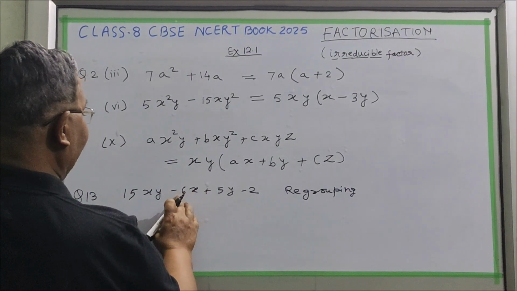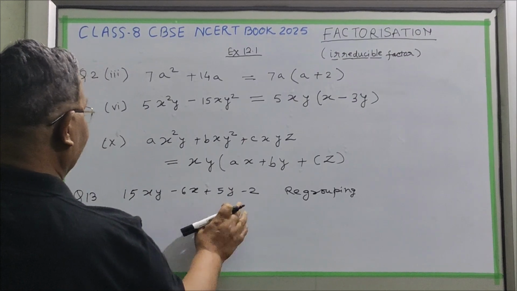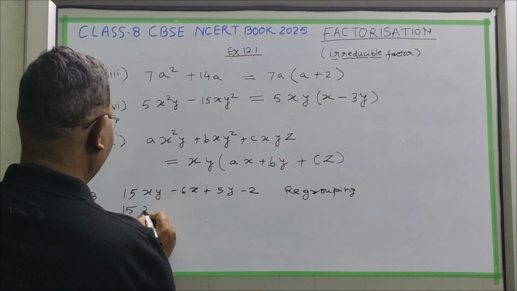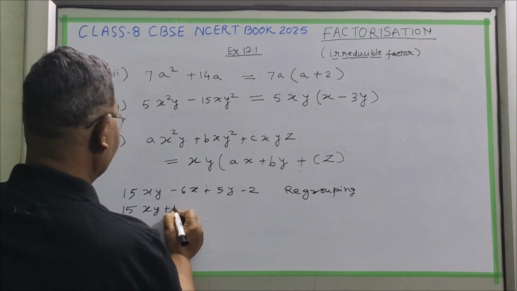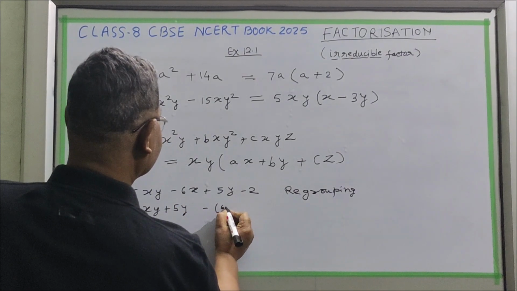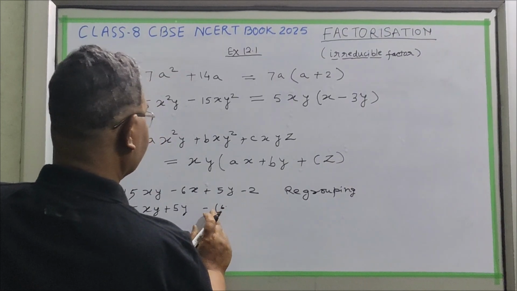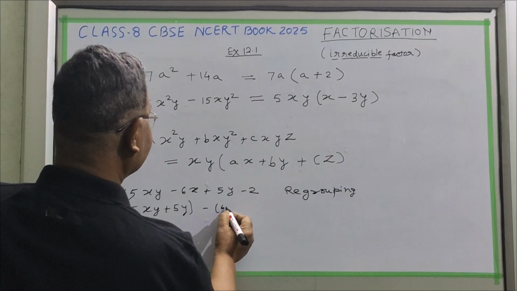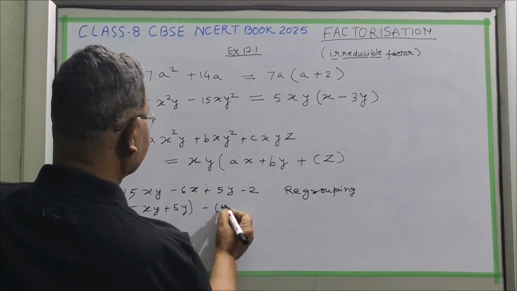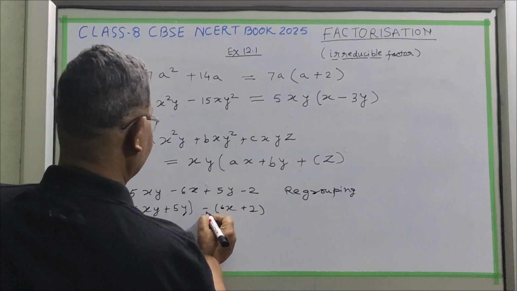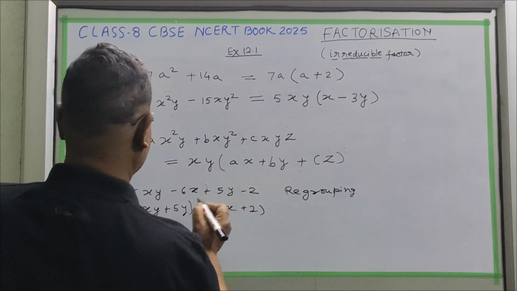So 5y we will take it here so that it will become more y. 15xy plus 5y, minus 6x in one we will keep it, and plus 2. It will become plus, because minus we have taken out.